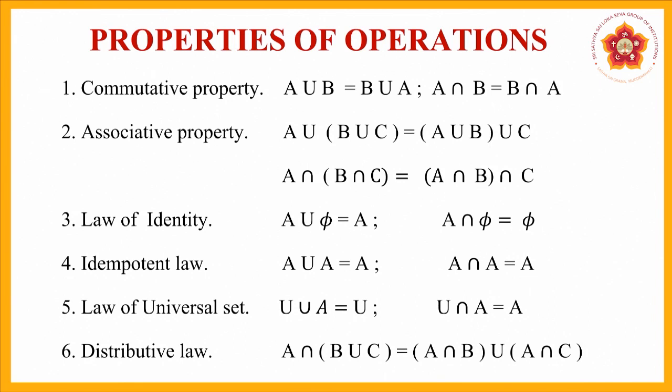The next one is connected with the universal set. What happens if you take the union of a set with the universal set?